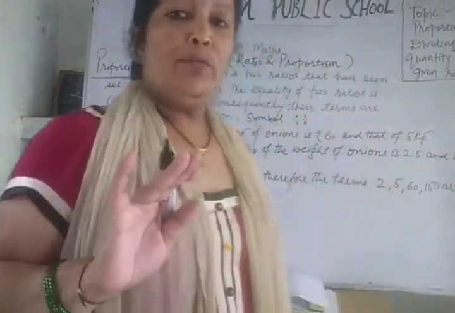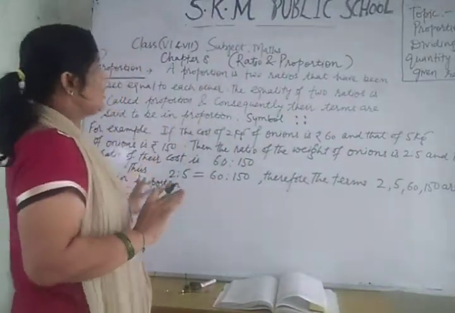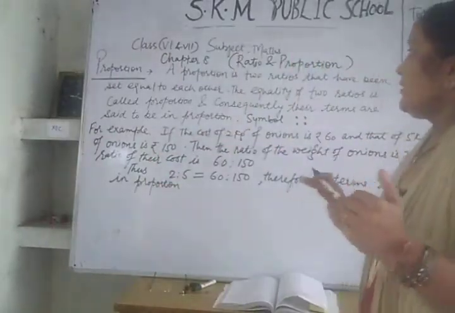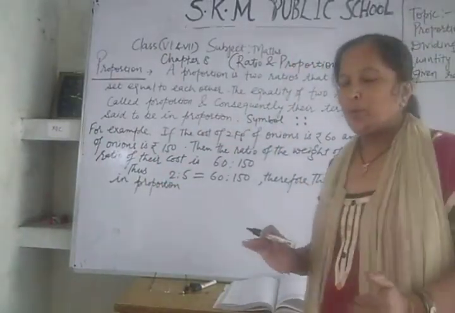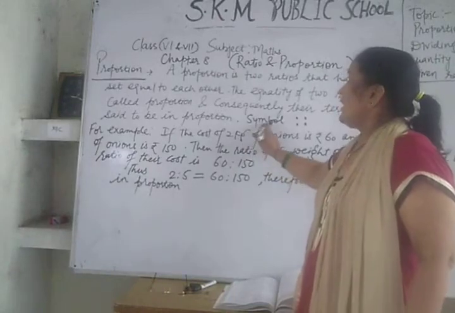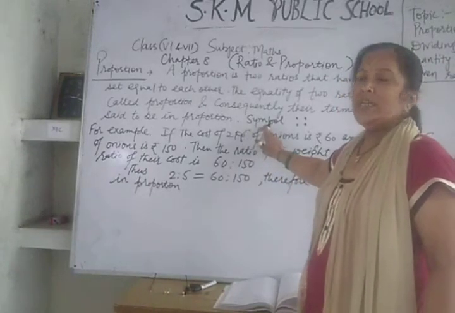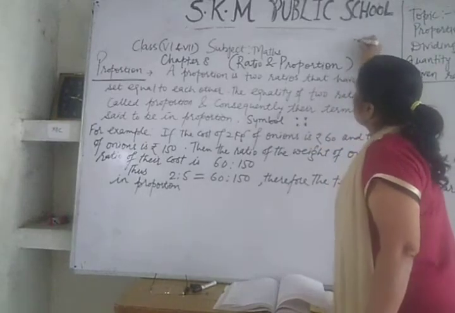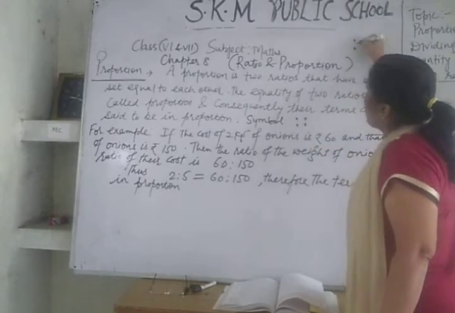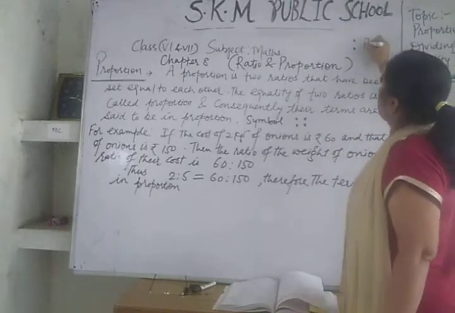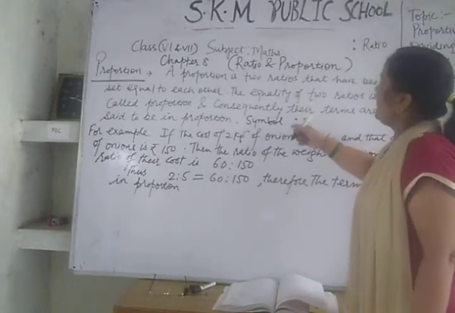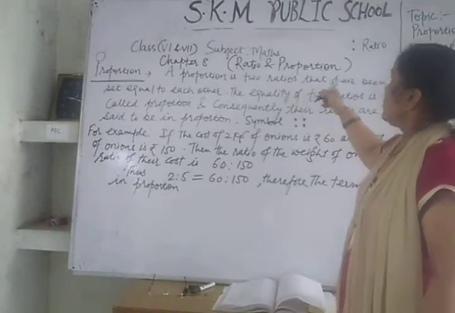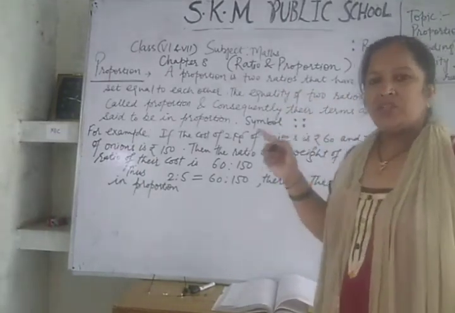The equality of two ratios is called proportion, and consequently their terms are said to be in proportion. For the proportion, the symbol is these four dots, the double colon. For ratio, this colon is the symbol. This is ratio. When we talk about proportion, it is two ratios that have been set equal to each other.